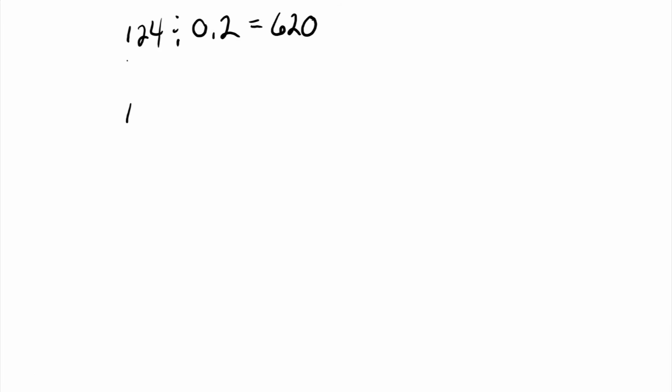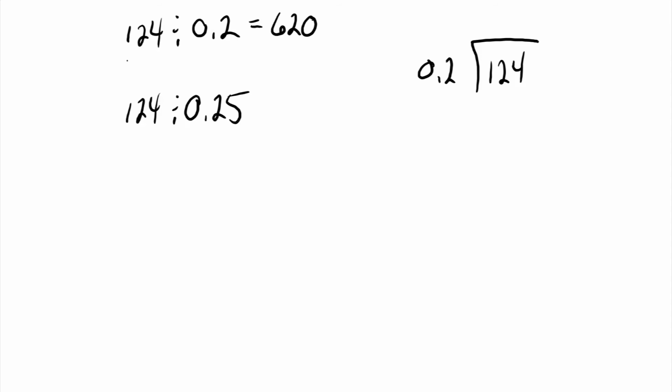Now what if we had 124 divided by 0.25? Well, let's write it up the same, 124 divided by 0.25. This time we need to move the decimal place 2 positions. If we're moving the decimal place 2 positions, we have to add 2 zeros.